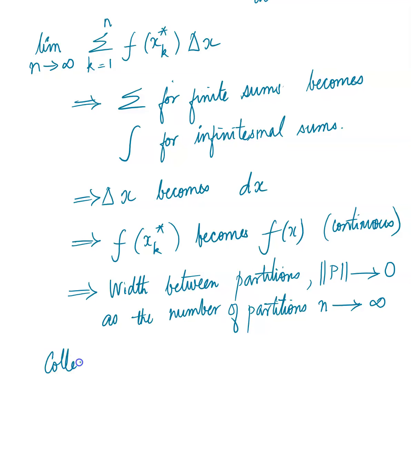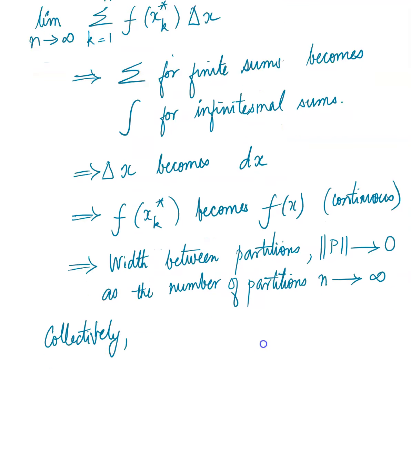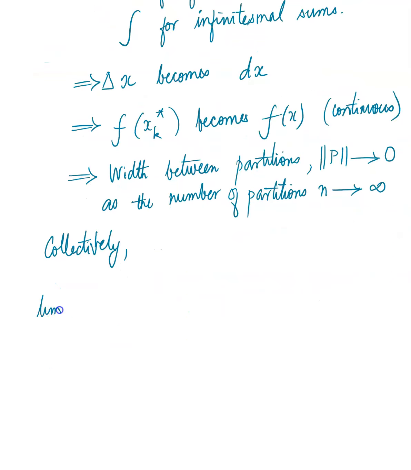So collectively, what do we see? The limit as n approaches infinity of the summation from k equals 1 to n of f of c_k delta x.